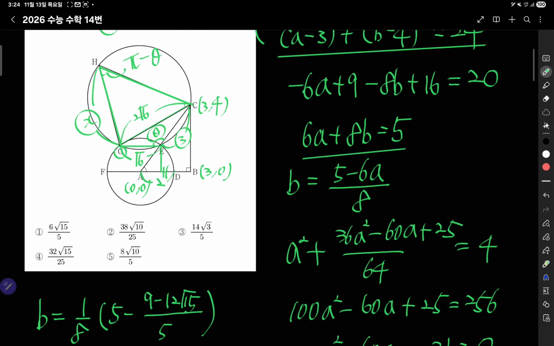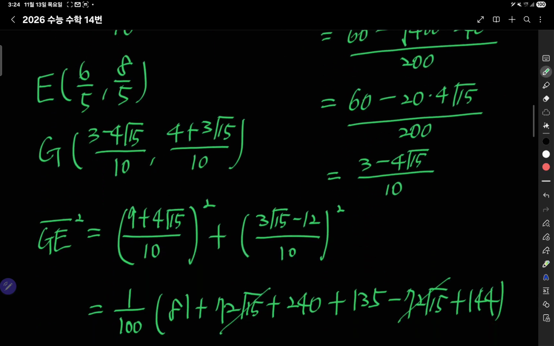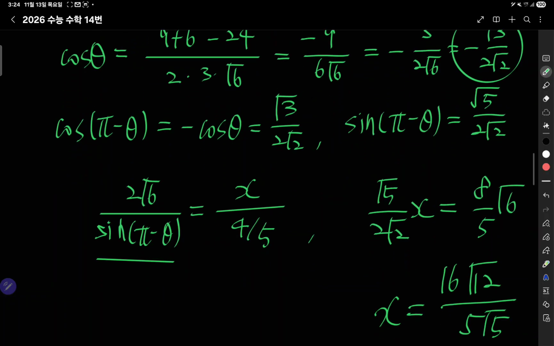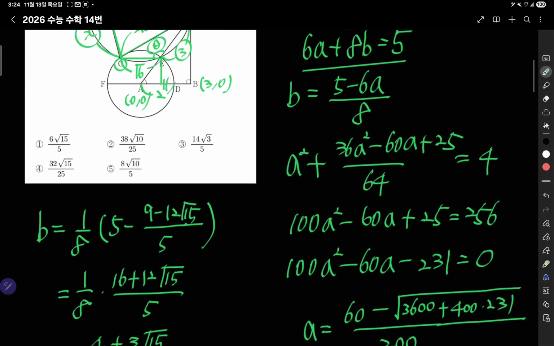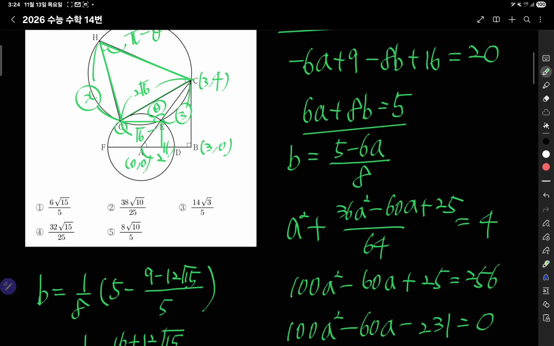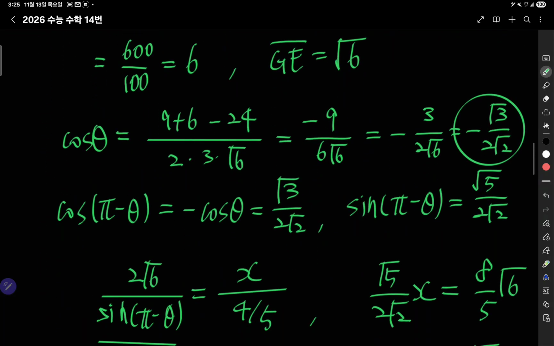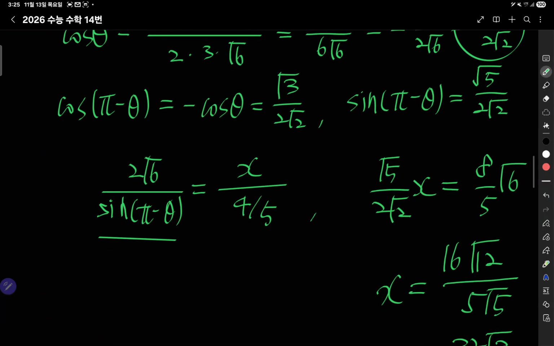So using law of sines, this is 2 times the square root of 6 over the sine of pi minus theta. This one is equal to x over this sine value of HCG, which is 4/5.